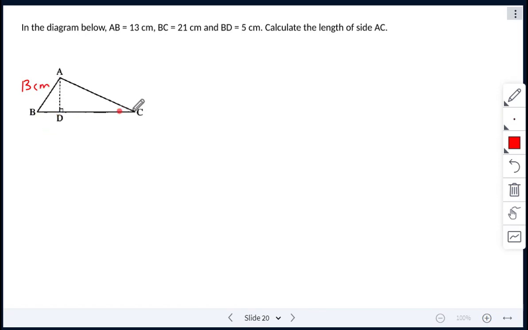B to C is 21 centimeters. And then BD, so B to D, here to here, that is 5 centimeters. And we need to calculate the length of AC.